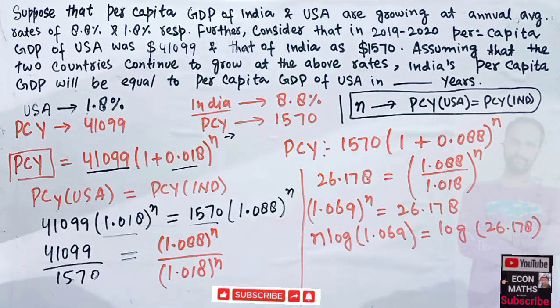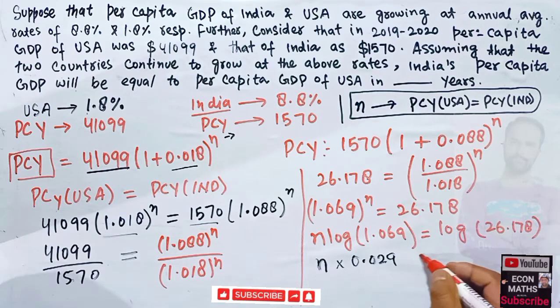Log of 1.069 comes out to be 0.029, and log of 26.178 comes out to be 1.418.